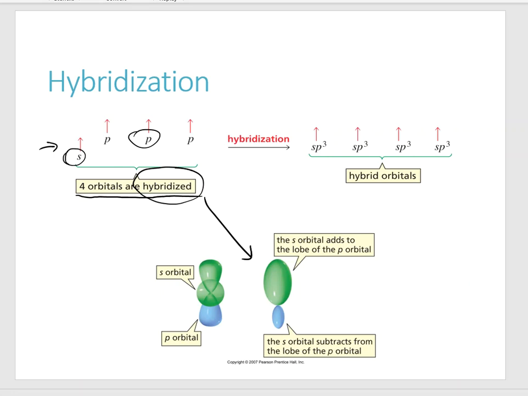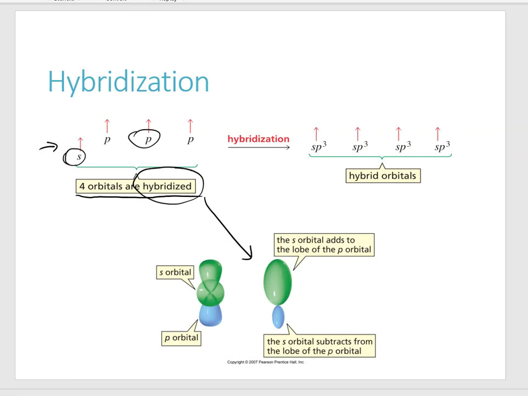And this is what you're going to see down here at the very bottom. You do see that figure 8 that's there, but it's not equal. One lobe is a little bit bigger than the other lobe, and that's because of the presence of the s orbital that is present. It changes the shape of a traditional p figure 8.